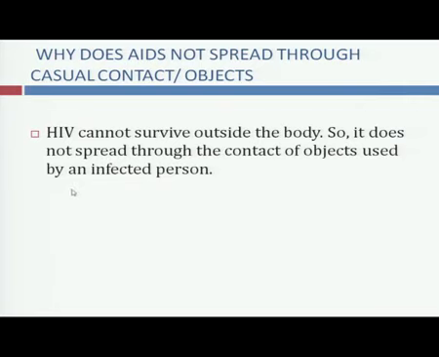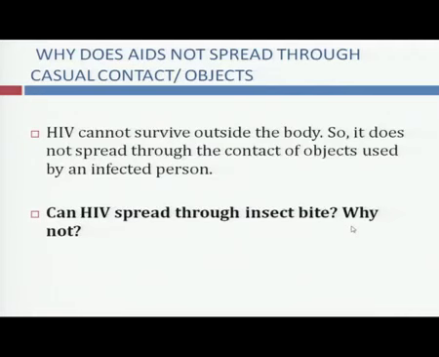Are there other routes of transmission also which we can discuss here? What about mosquito bites? Can HIV spread through insect bites? Why or why not? I ask you to think of any instance. Have you ever heard of any instance where HIV spread through mosquito bites?